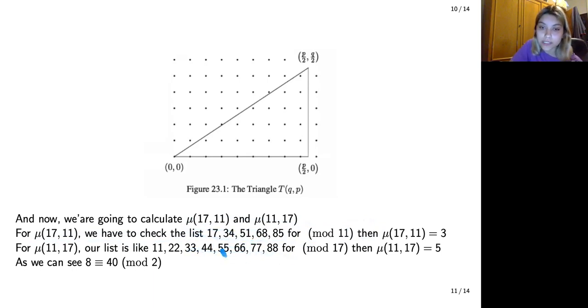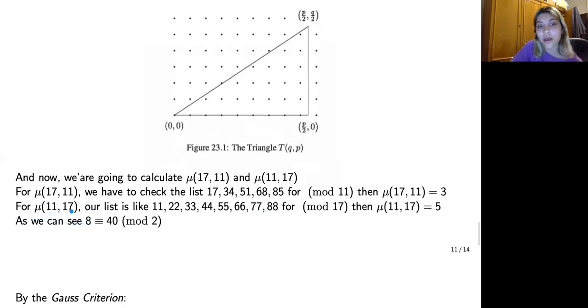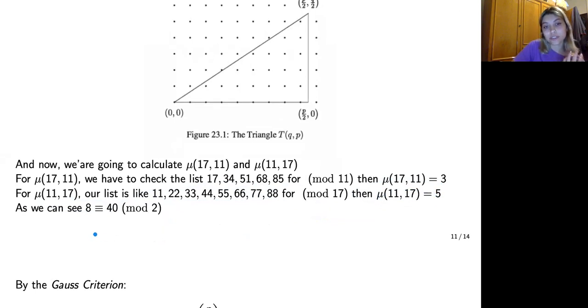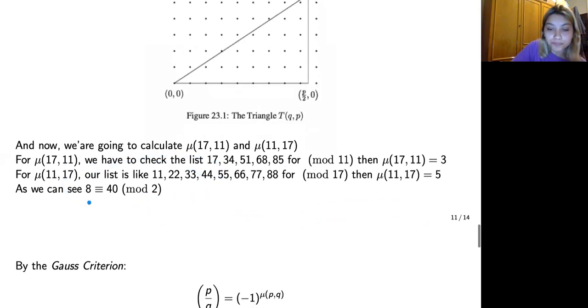For example, 17 is minus 5 in modulo 11, and when we take the same path, we have just 3 numbers that are negative. For the other mu, our list is going to look like this. When we consider this list for modulo 17, we can see 8 equals 40 in modulo 2.